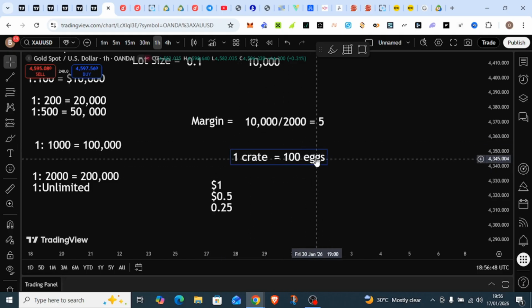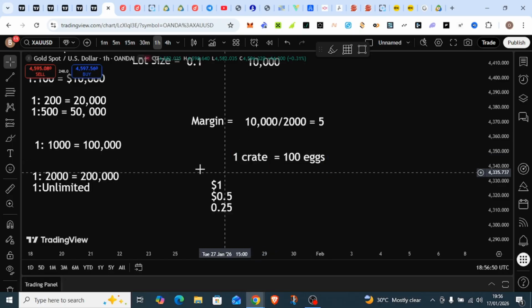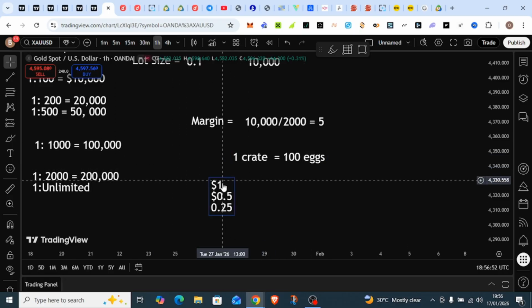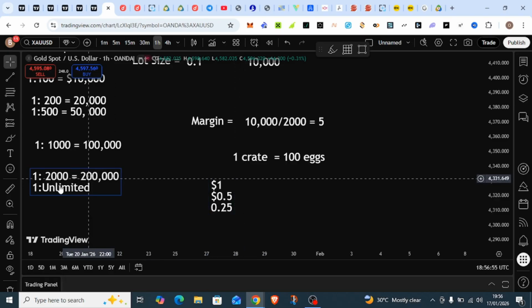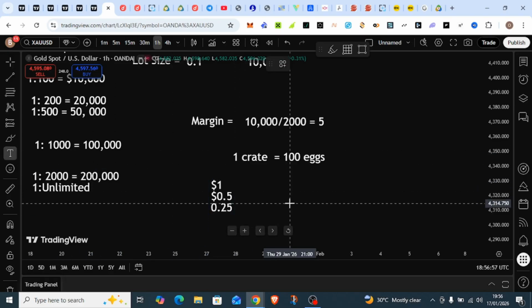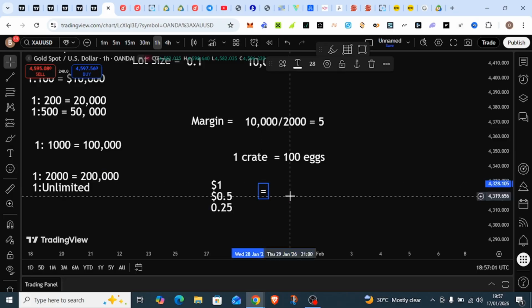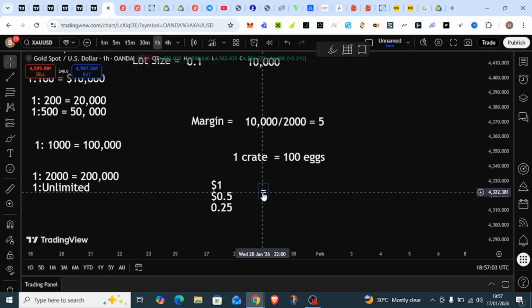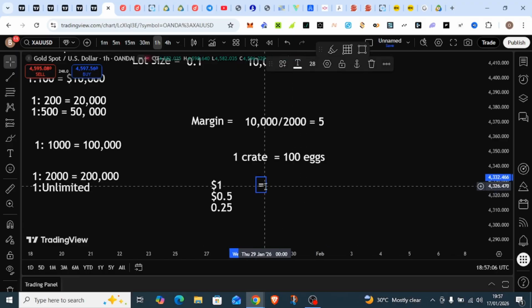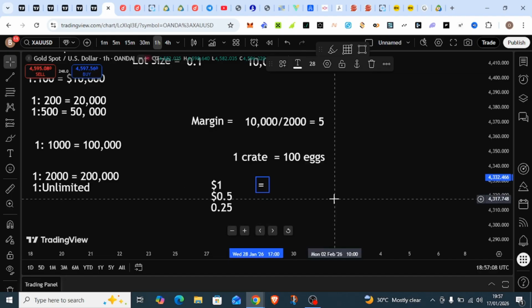So at $1, you will have only one crate. Number of crates is equal to 1. I want to use this to explain leverage.